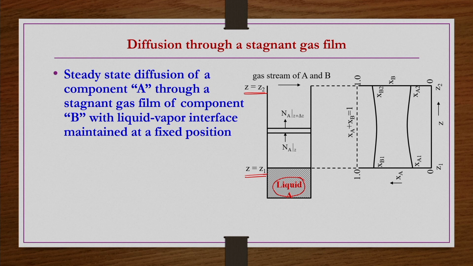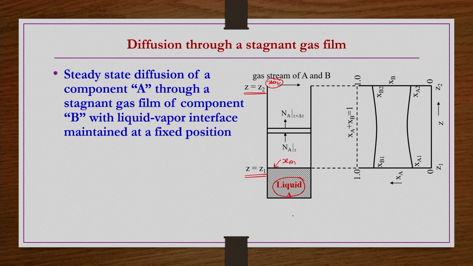The concentration at Z equals Z1 we write as XA1, and the concentration at Z equals Z2 as XA2. This XA2 is the fixed concentration we maintain in general in order to have easy measurements.